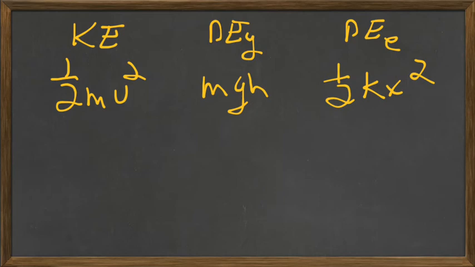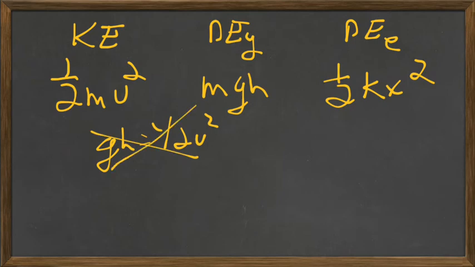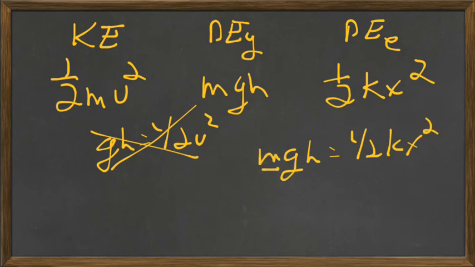So that nice little shortcut of, oh, gh is 1/2 v squared, no. You can't say gh is 1/2 kx squared, for example. Mass has to be there because you can't cancel it on this side. It doesn't exist over there. So that little shortcut does not work with problems involving elastic potential energy. You do have to include all the masses.